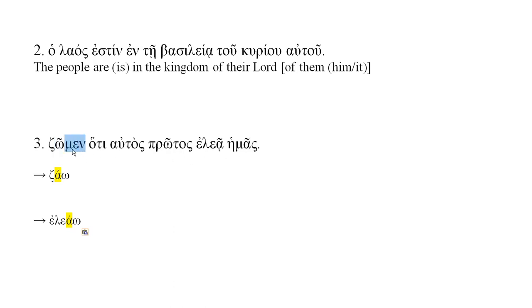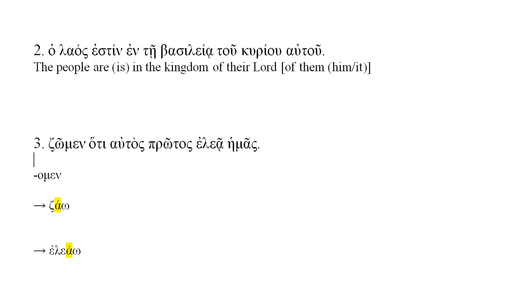I'm pretty sure, since I'm looking at a verb and I've got this ending mu epsilon nu, that I'm probably looking at the ending omen. So that's one of my present tense endings. And what happens when an alpha bumps up against an omicron?